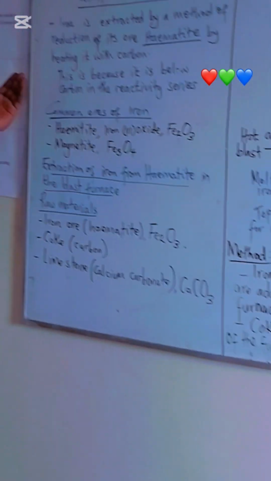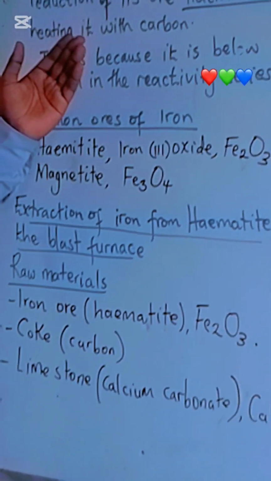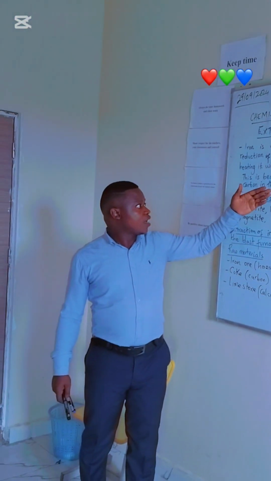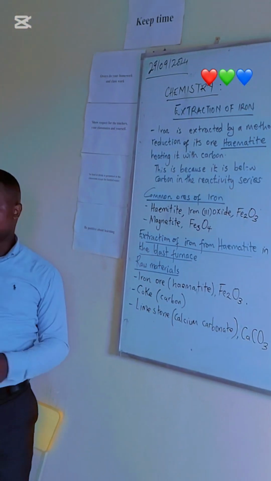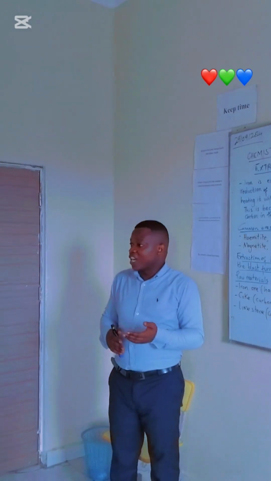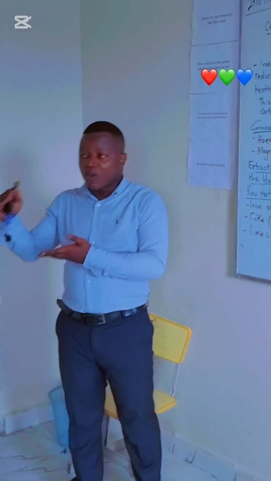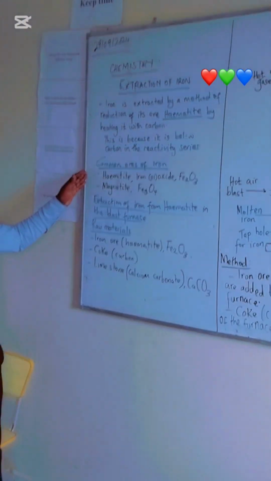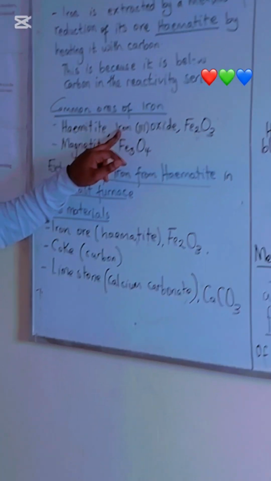But iron is easy to extract because we are going to extract it using a reducing agent called carbon, because it is below carbon in the reactivity series, so carbon can be used to displace the oxide that iron is carrying. So the common ores of iron, we have Haemetite.